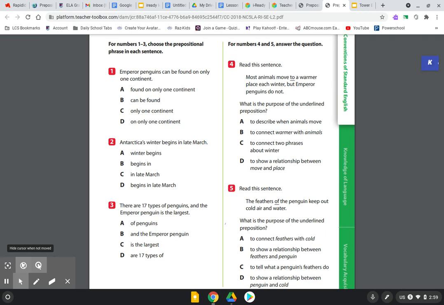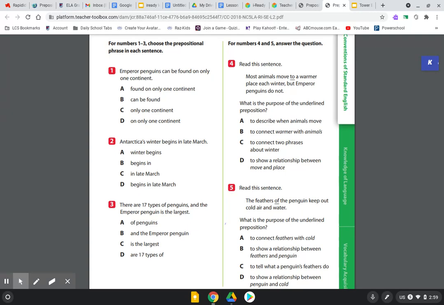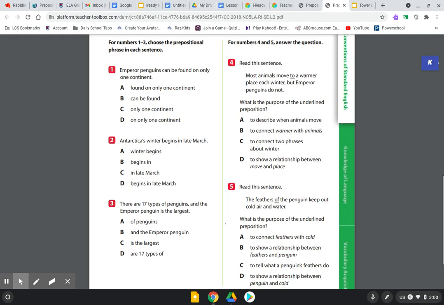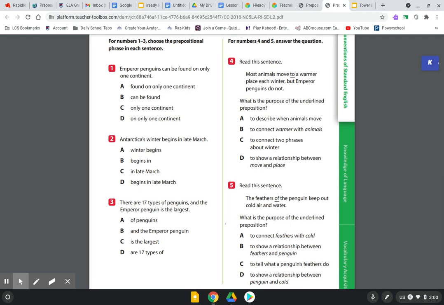The feathers of the penguin keep out cold air and water. What is the purpose of the underlined preposition? A, to connect feathers with cold. B, to show a relationship between feathers and a penguin. C, to tell what a penguin's feathers do. D, to show a relationship between penguin and cold. Please make sure to record all of your answers on your recording sheet or in your notebook.